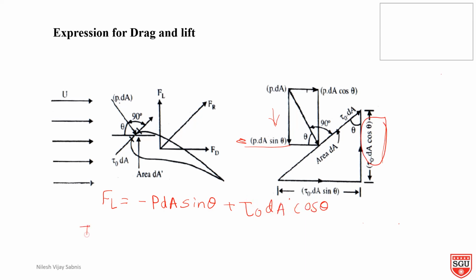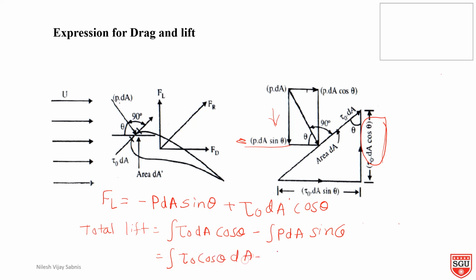The total lift will be integration tau 0 cos theta dA minus integration P sin theta dA. This is the second equation.